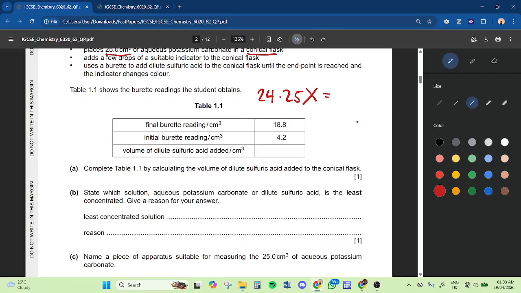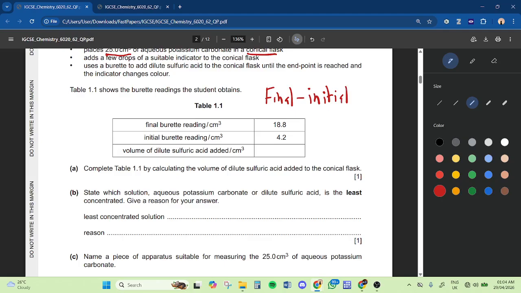So the final burette reading in cm³ was 18.8. The initial reading was 4.2. Volume of dilute sulfuric acid, so we need to figure that out. Complete Table 1.1 by calculating the volume of dilute sulfuric acid added to the conical flask. So this is very simple. You take your final minus initial.